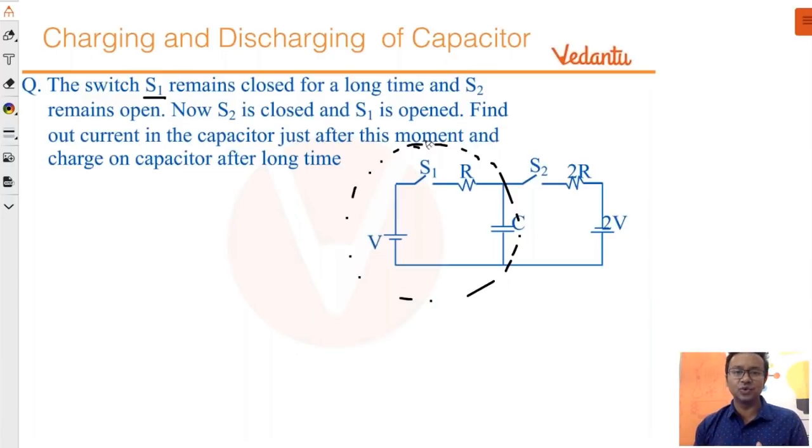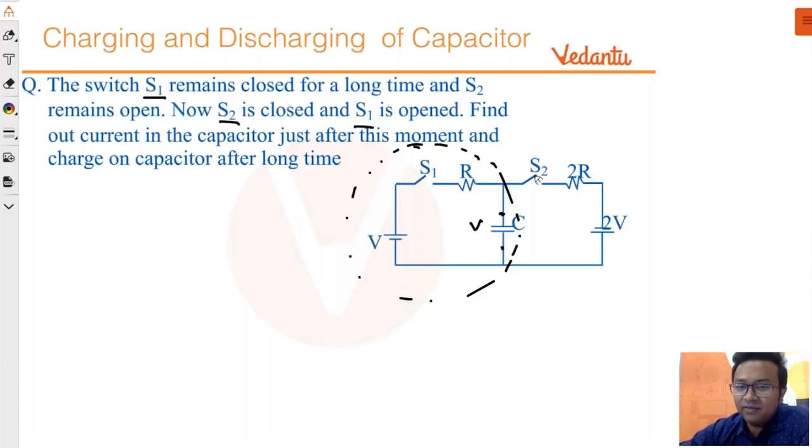What does it mean, my dear students? It means that my capacitor has become fully charged. Now, if my capacitor is fully charged, then the potential difference across the capacitor would be equal to V. All right, students. Now, what they are doing is, now S2 is closed and S1 is open.